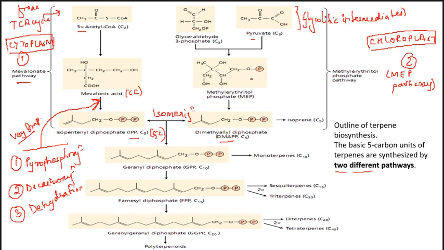They occur in chloroplast and some other plastids. Now, glyceraldehyde and 2 carbon atoms derived from pyruvate combine to generate an intermediate which is MEP. This intermediate will form DMAPP, which is dimethyl allyl diphosphate.